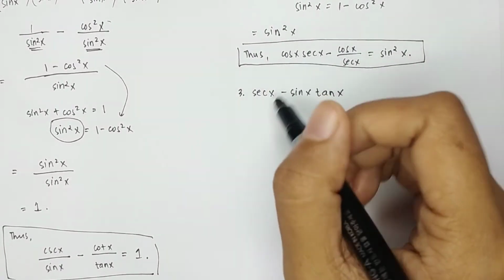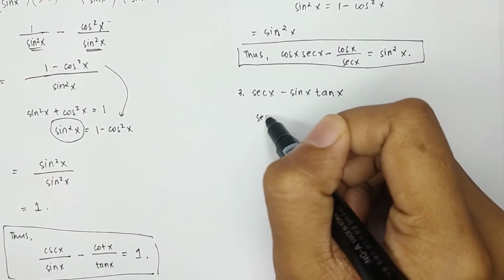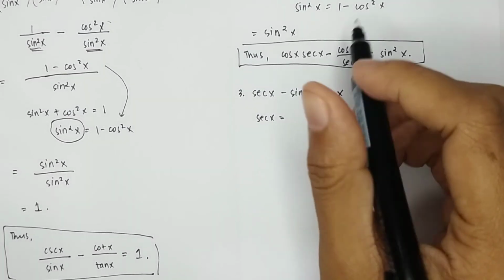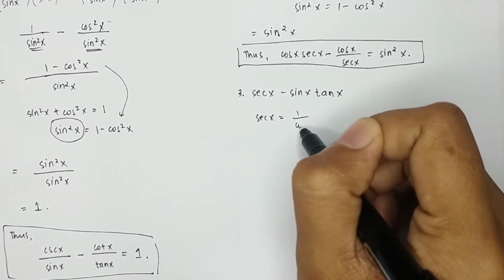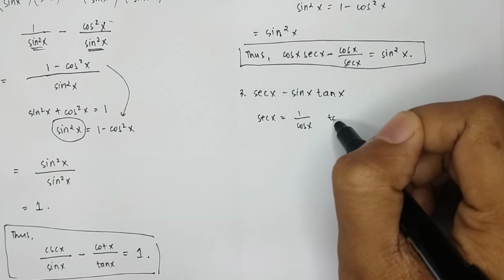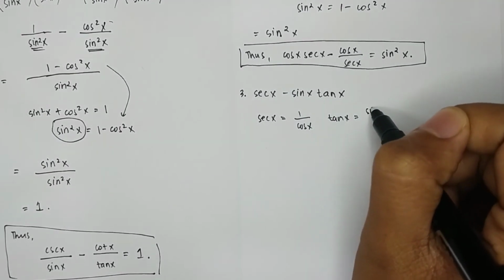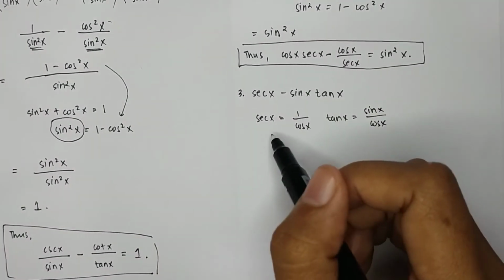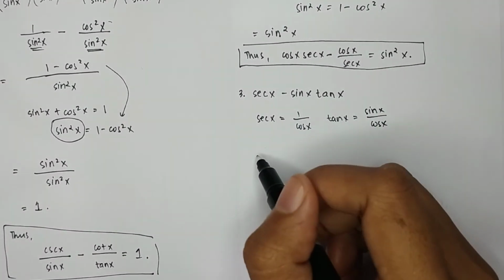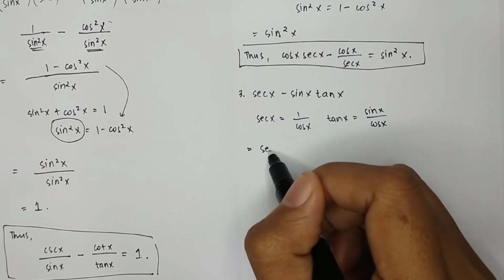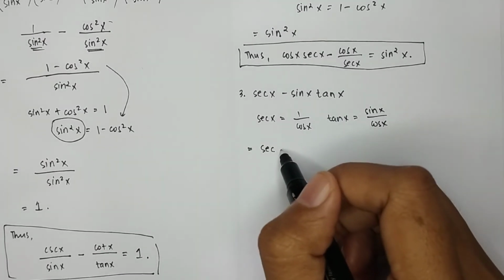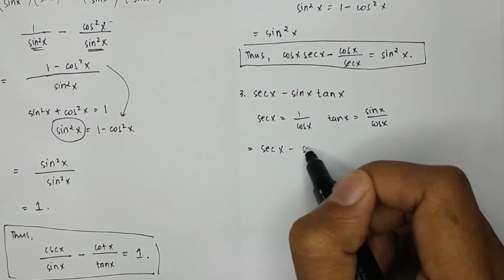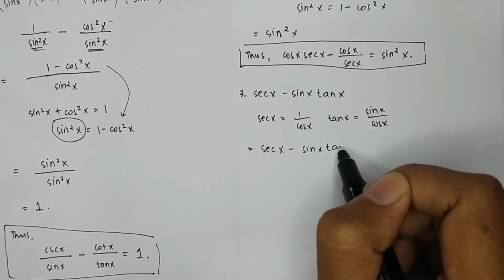Again, our secant x is equal to 1 over cosine x, and our tangent x is equal to sine x over cosine x. So let's substitute these values. First, copy the given: secant x minus sine x tan x.